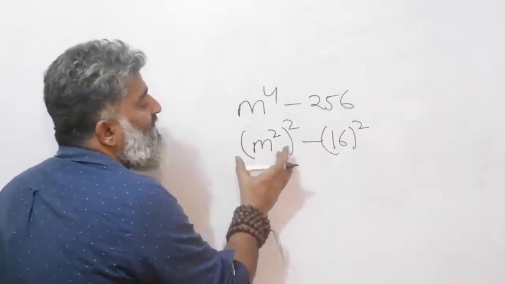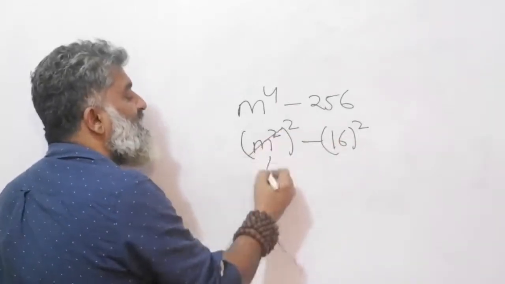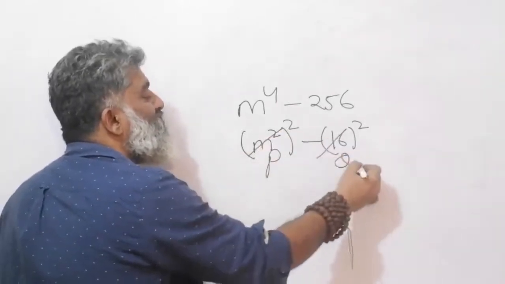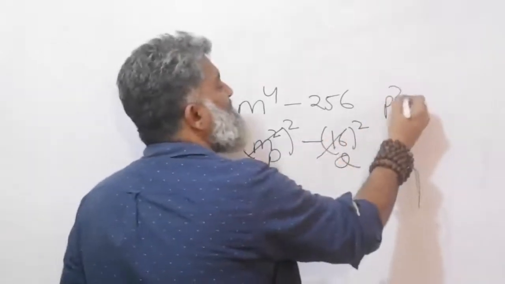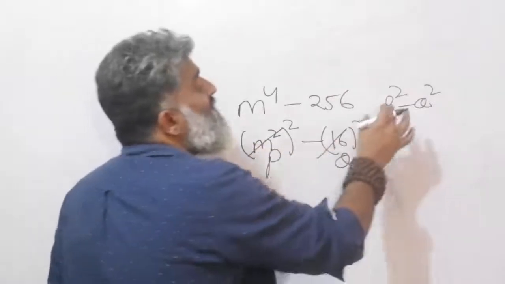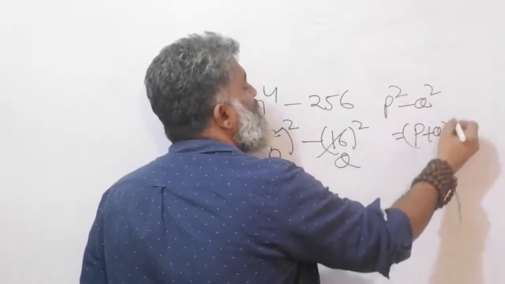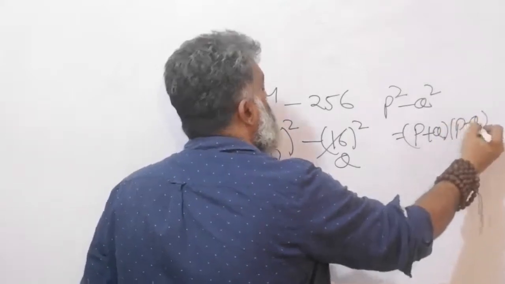So now again, the moment I write it like this, this has become p for me and this has become q for me. So this is nothing but p square minus q square. That's how my brain is looking at it now. P square minus q square is p plus q into p minus q.